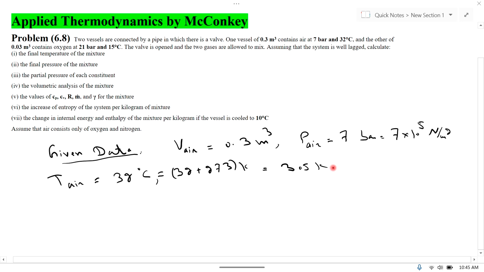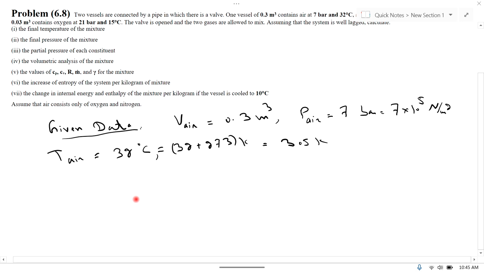305 Kelvin. And the other container of 0.03 cubic meter contains oxygen. Volume of the container having oxygen is 0.03 cubic meter. P2 is equal to 21 bar, which is equal to 21 multiplied by 10 power 5 Pascal or Newton per square meter.